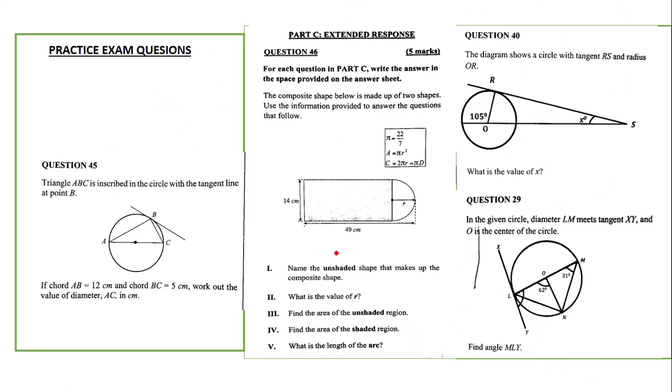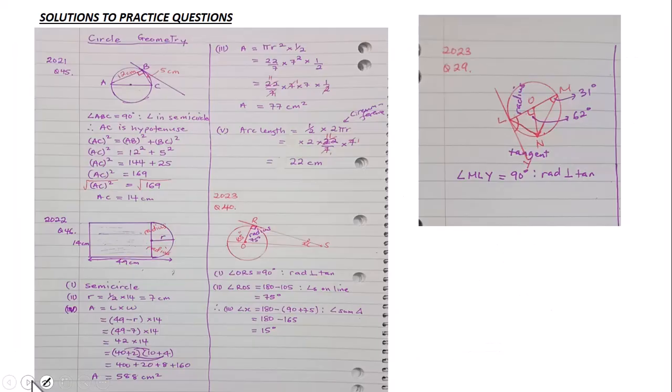Moving on, now here I have some questions for you to practice. I have 4 questions here. You put the video on pause and you try them out. And after you have tried them out, here are the solutions.